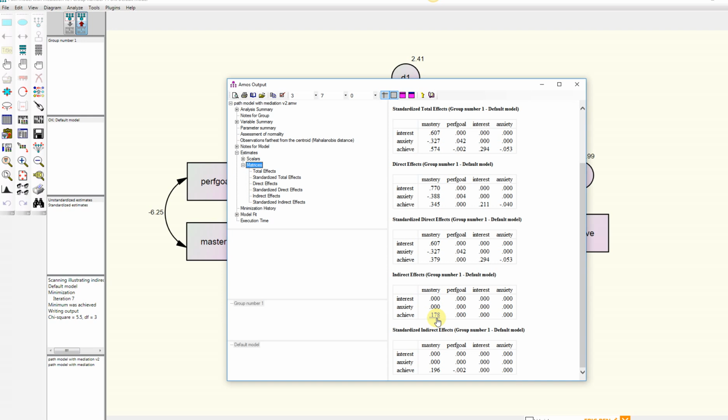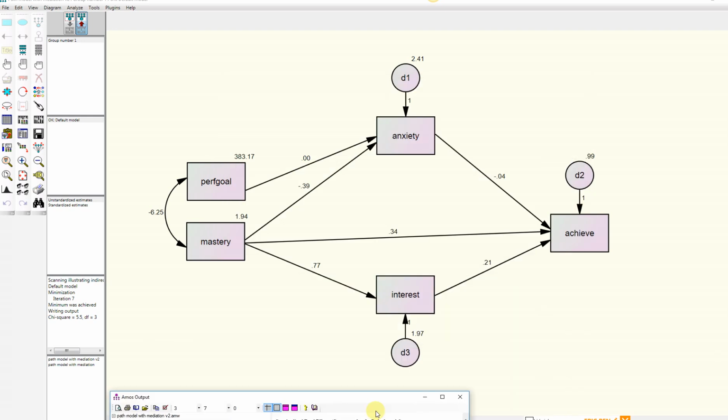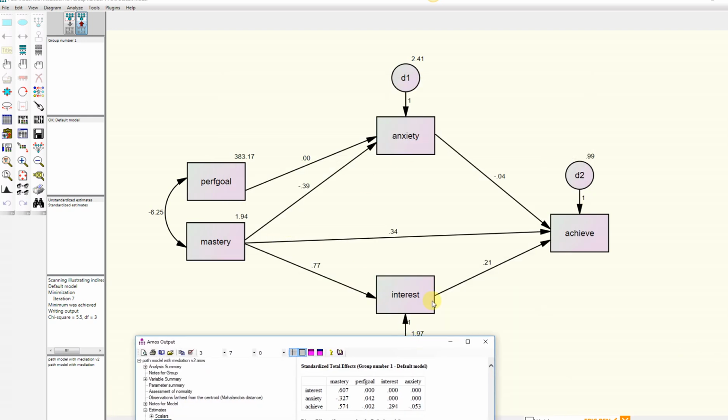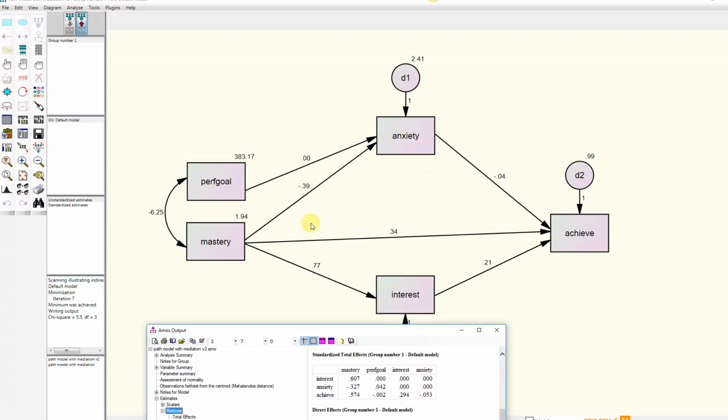So keep in mind that this value right here is not breaking it out into each individual route from mastery to achievement, but rather it's taking the total indirect effect with respect to both of these mediators that you see in this particular model. In some programs, you're able to isolate the indirect effect in terms of individual or trace particular paths and talking about those effects individually.